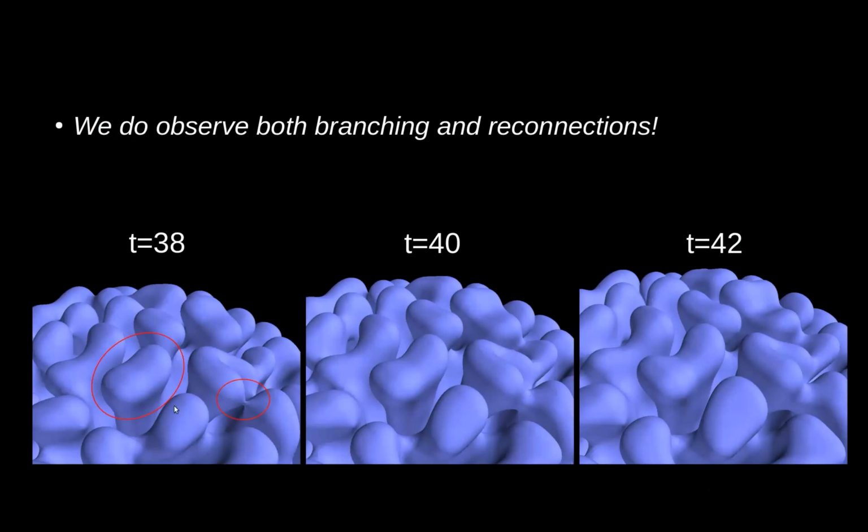Another interesting feature is that our wall grows and can both branch, as you can see here, but also reconnect. This is very important to have a system which is at the same time growing, but also making some very intricate structure.